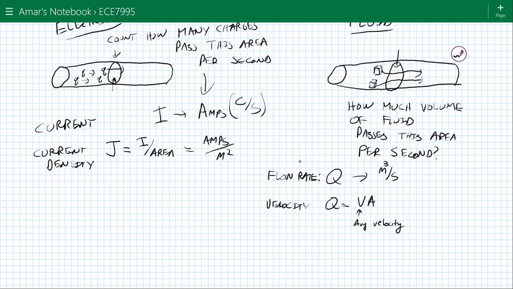Okay, if I was going to state this just in the same terms as the other equation, we can say the velocity is equal to the volumetric flow rate divided by the cross-sectional area. And this is the average velocity. All right, the units on top here is meters cubed, and the units on the bottom is meters squared.